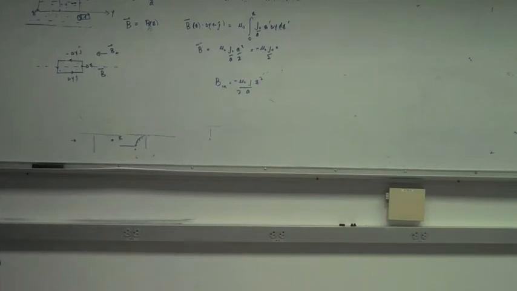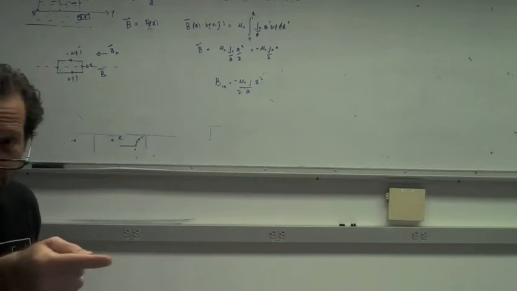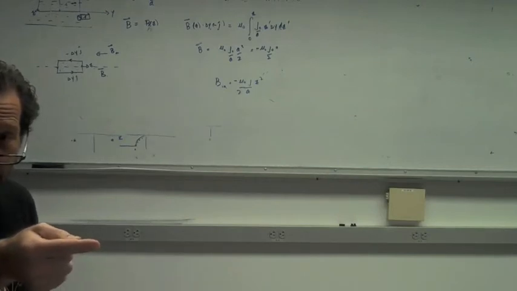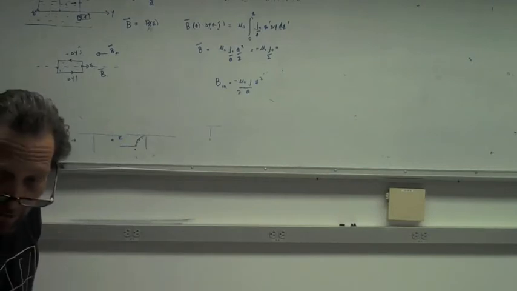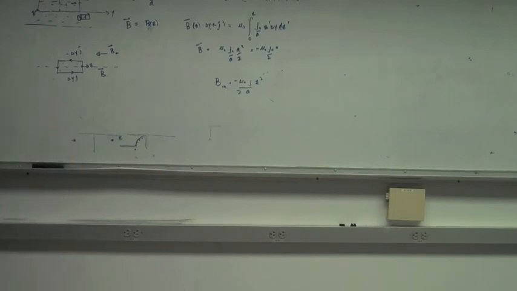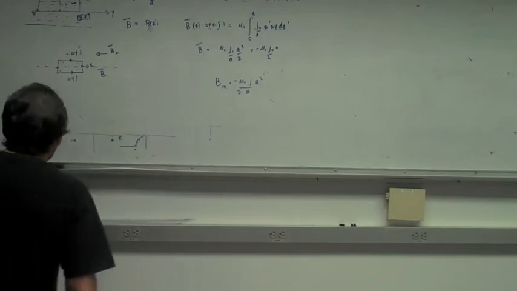If you have 3 I hat, 3 feet I hat, it means go 1 foot, 2 foot, 3 foot in the I hat direction. If I then say go 2 J hat, you would go 1, 2. And if I said then go negative 1 K hat, minus, that would give you where you were. It's a fancy way of writing down north, south, east, west, up, down.